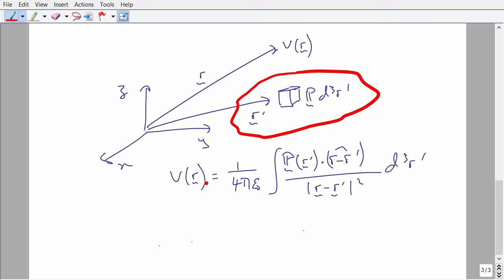So this is the potential at r due to all these little dipoles, and this is our formula for the potential due to a dipole. With some fairly straightforward mathematics, we recast this expression in the following form.